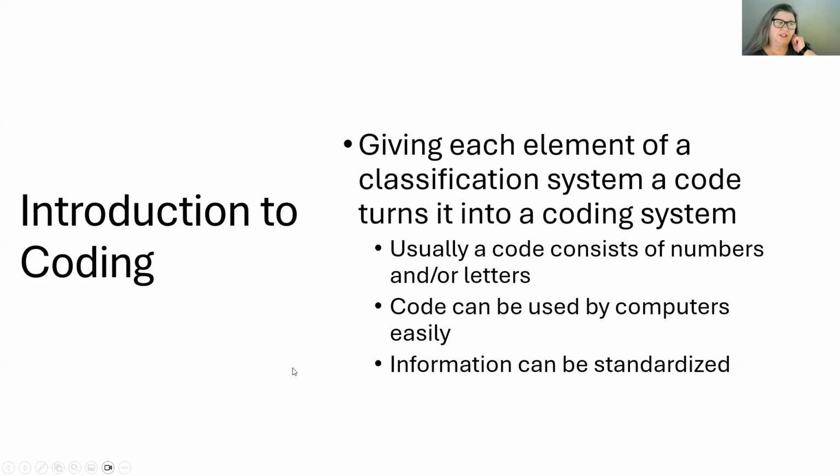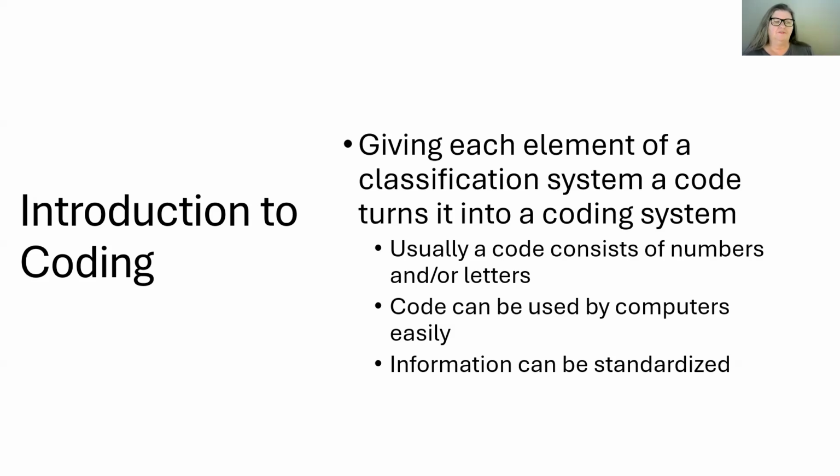All right, as far as an introduction goes, what any kind of coding is, is basically giving each element of a classification system a code that turns it into a coding system. So everything we do in medicine, all the procedures that are done and all the reasons for doing them, are finagled, so to speak, into a classification system.